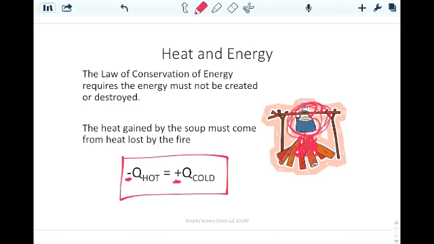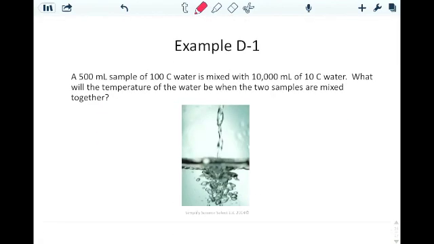So let's use this concept and jump into an example. It says that a 500 milliliter sample of 100 degrees Celsius water is mixed with 10,000 milliliters of 10 degrees Celsius water.